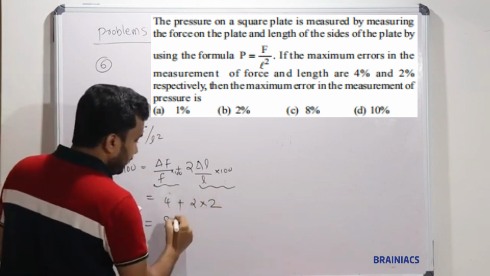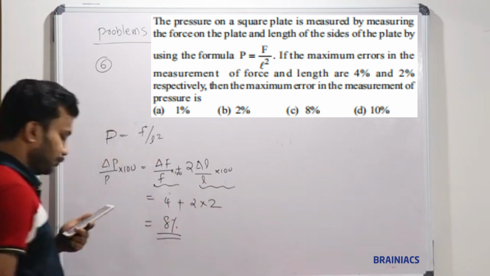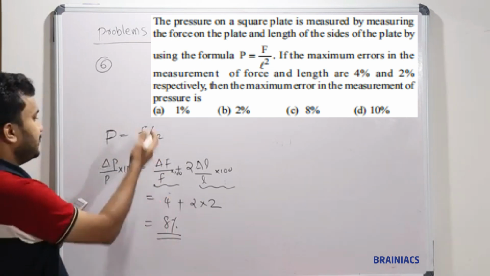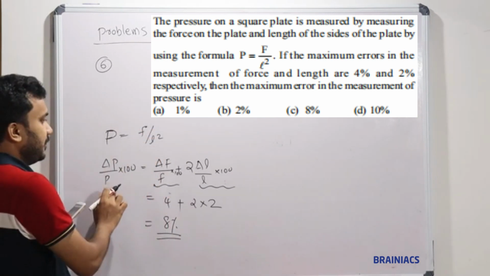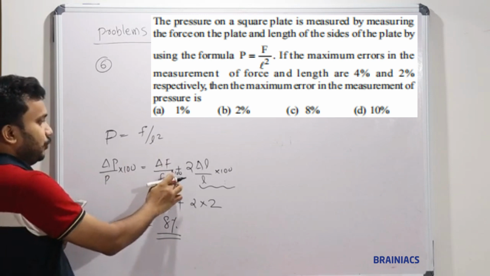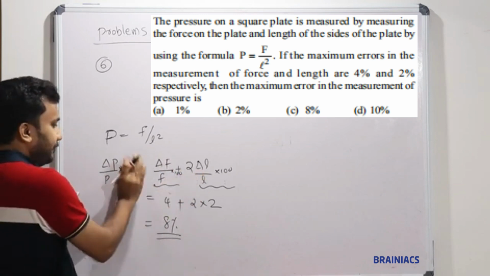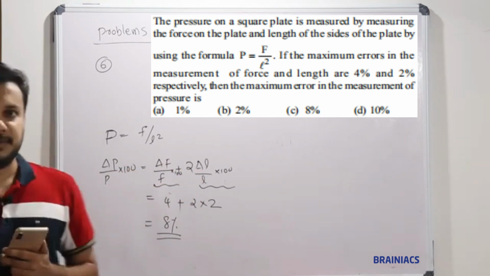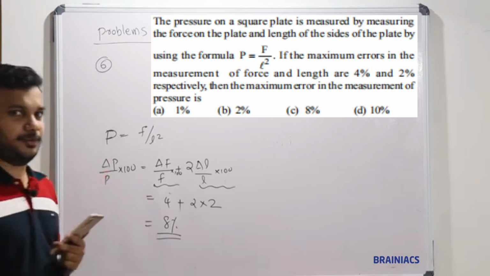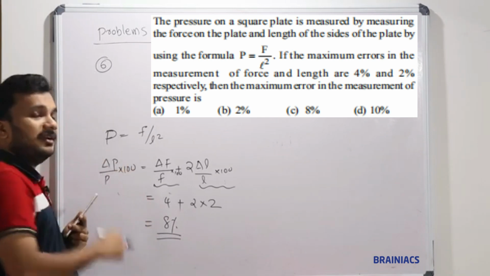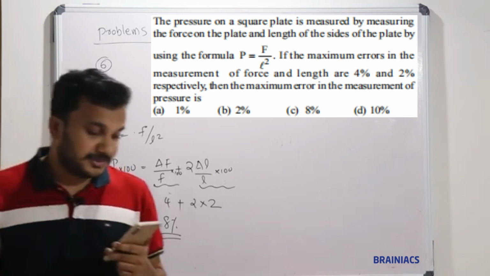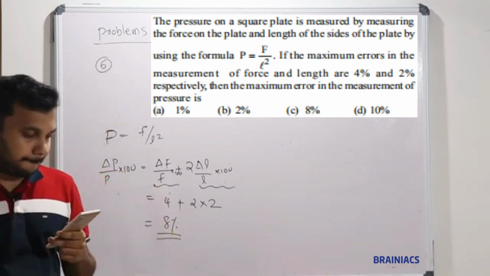So what will come? 8% is the right answer for this question. Quite simple, always asked. Percentage error means delta P by P, delta F by F into 100, plus 2 into delta L by L. Without the 100, delta P divided by P is called relative error, right? Hope you remember. When multiplying with 100, we get percentage error.